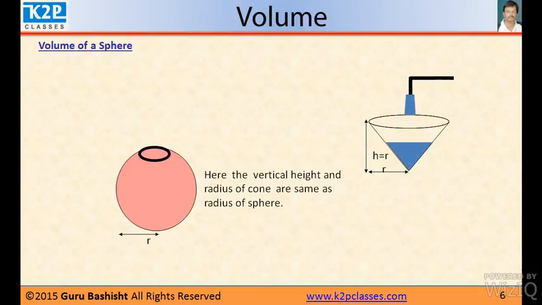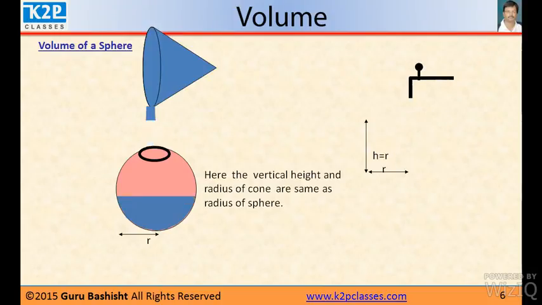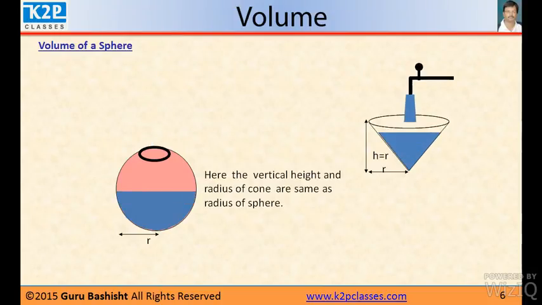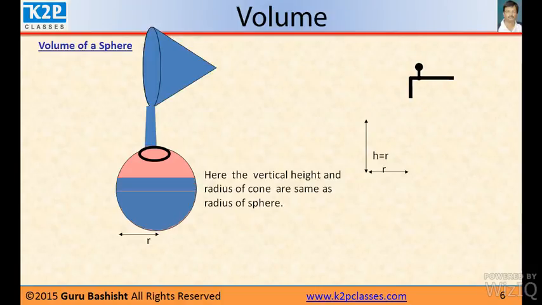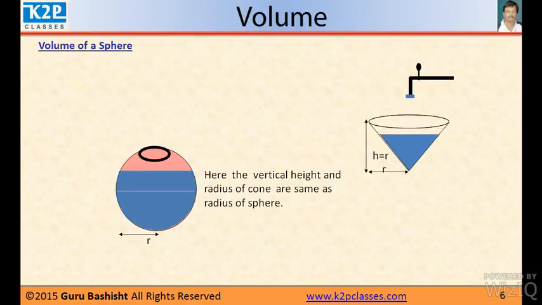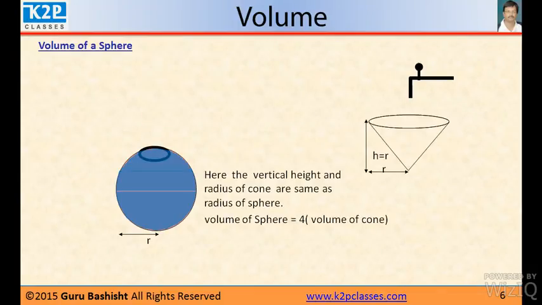So this illustration shows that we require 4 full cones of water to fill the sphere. This indicates that the volume of the sphere is 4 times the volume of the cone, and the volume of the cone is 1 by 3 pi r square h, but here h is also r, so this becomes r cube. So the volume of the sphere becomes 4 by 3 pi r cube.